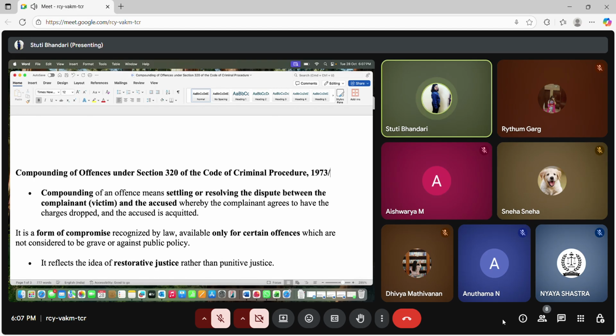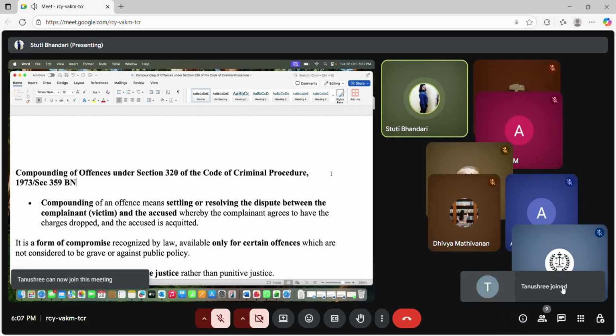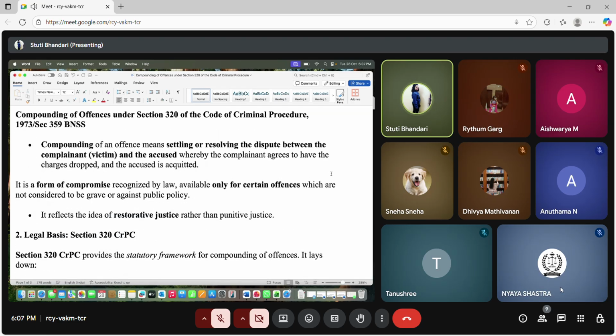In the course which was provided to me, I think only 320 CrPC was written, but since BNSS is now there, it corresponds to section 359 of the BNSS. Again, it is a form of compromise, but this is not allowed in all offences; only those offences mentioned in section 359 BNSS can be compounded.